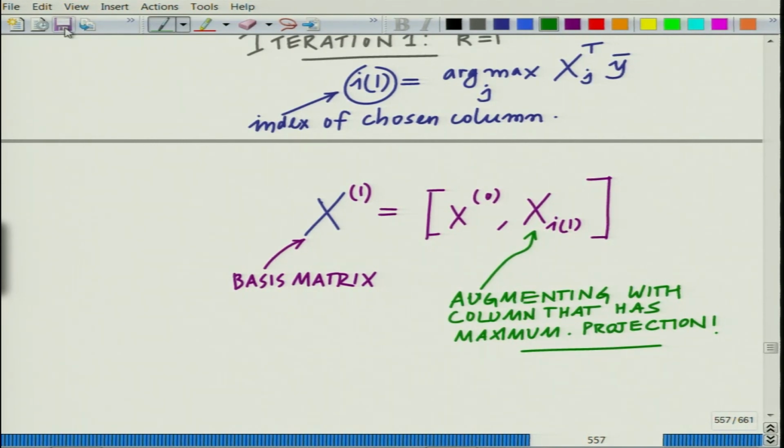This is the basis matrix that you find in the iteration. So, this is where your basis selection step is. You are choosing the column that has the maximum projection on the residue, what is left, and adding that as your basis. That is your best choice of explanatory variable at this stage that explains y bar.